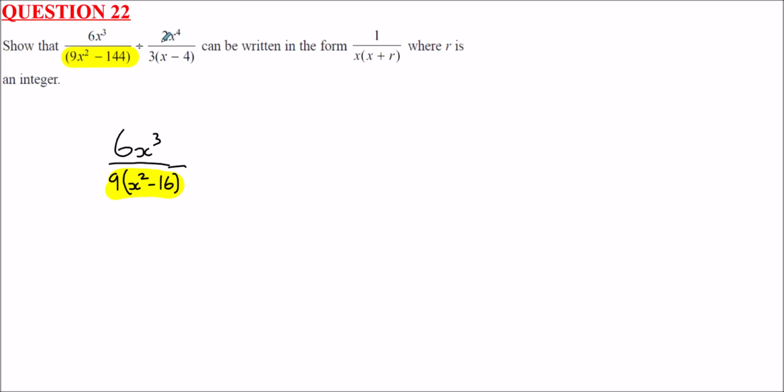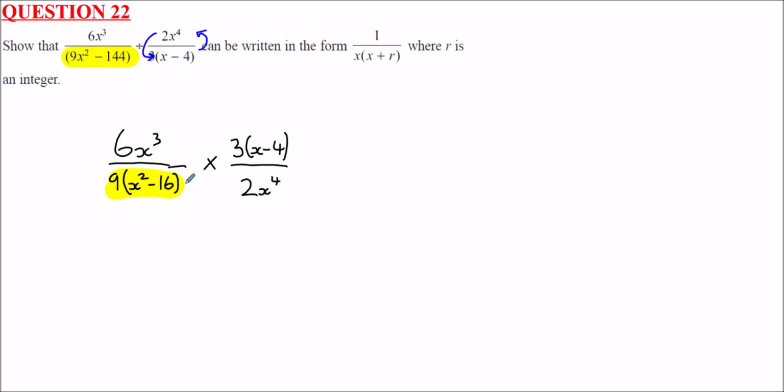Then just remembering from year 7s and 8s, when we've got one fraction divided by another, we can keep the first fraction, change the divide to a times sign, and flip this one on its head. And then we get 3 lots of x minus 4 on the bottom, just by flipping this on its head.